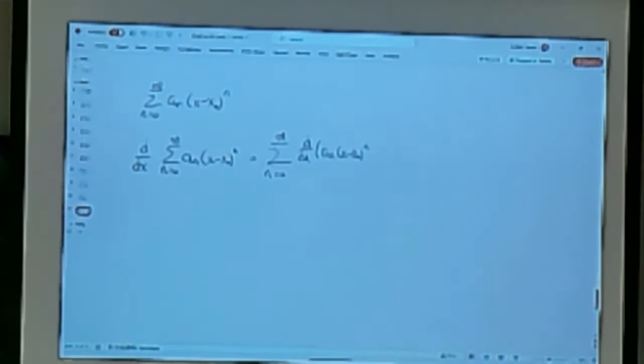So you can pull the derivative inside the sum. But that a sub n, does that change with respect to x? So does a sub n depend on x at all? No.